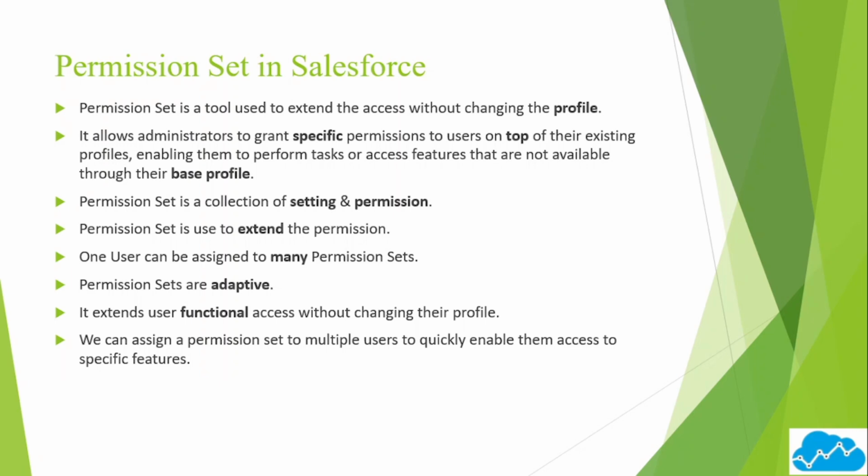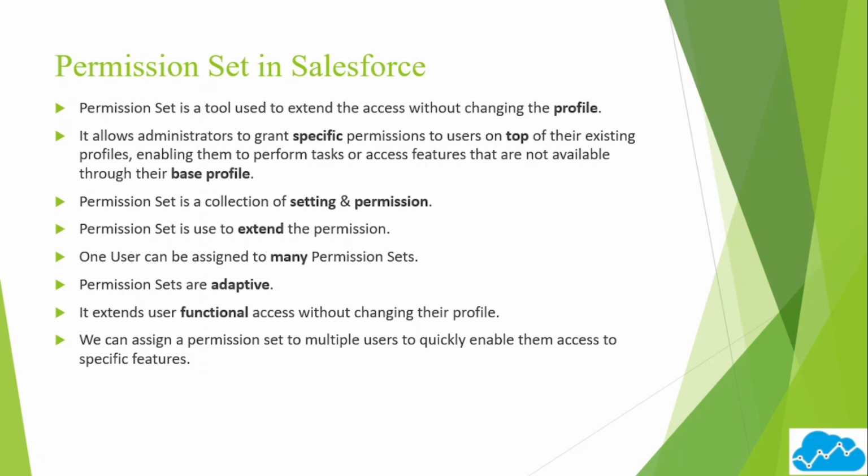This enables them to perform tasks or access features that are not available through their base profile. So this extra permission they get by the permission set is what they are not getting by the profile. A permission set is a collection of settings and permissions.